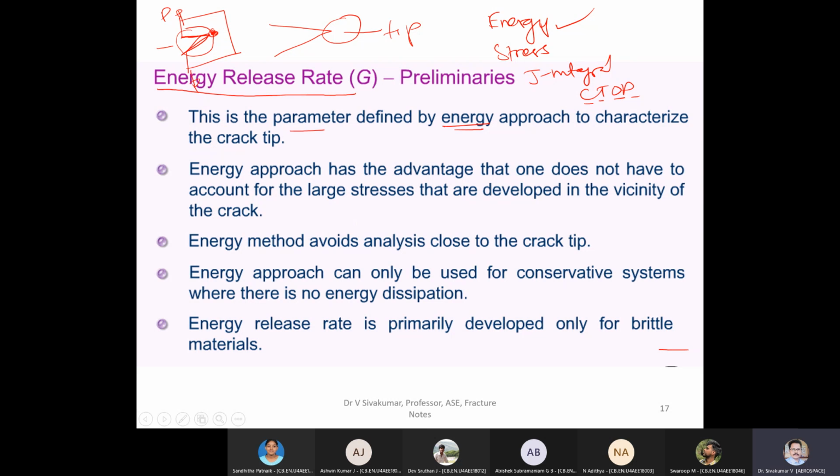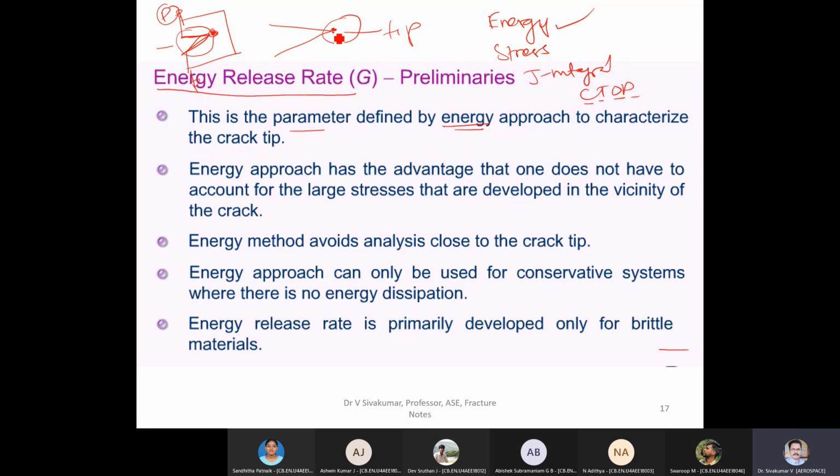The energy approach has the advantage that one does not have to account for the large stresses developed in the vicinity of the crack. Because when you apply a load like this in this system, this is mode 1 type, and a lot of energy accumulation will be there here.